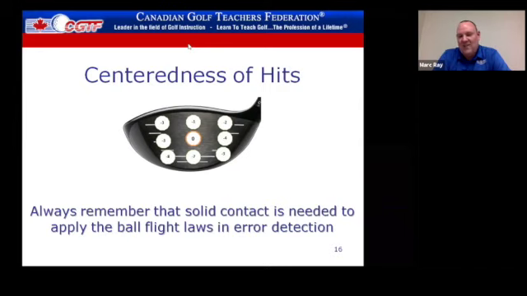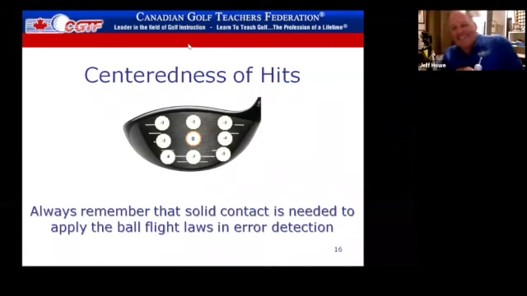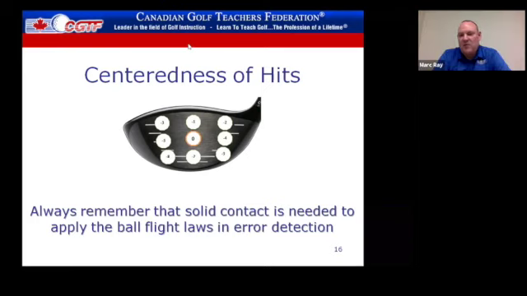But the reality is that ball flight is an anomaly, and you cannot get data from a ball flight that wasn't hit with quality. So if you don't have quality contact, as an instructor, you're going to go nuts if you're referring to ball flight laws. Okay, so that's why this is important.